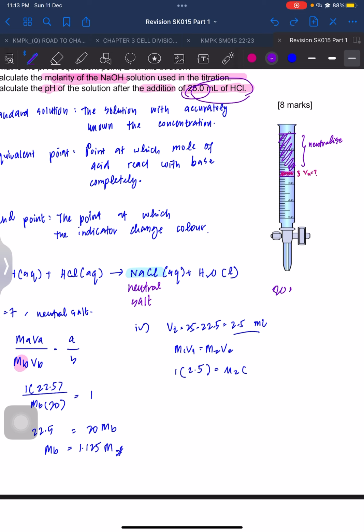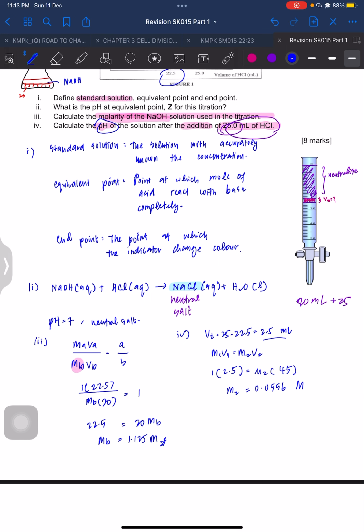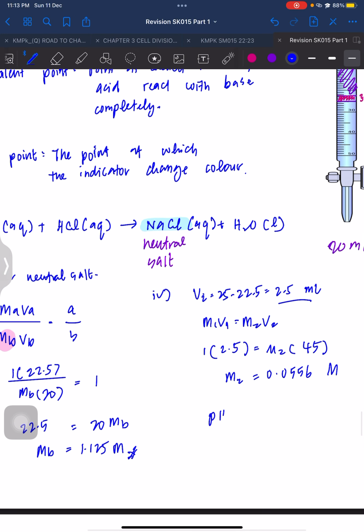So you will get berapa ni? 45 bahagi 2.5. 2.5 bahagi 45. So M2 is 0.0556 molar. And dia tak nak tu, dia nak pH. So bila pH is equal to negative log H plus.